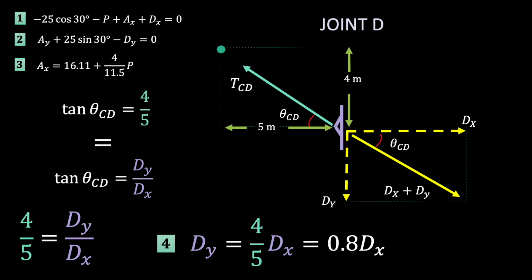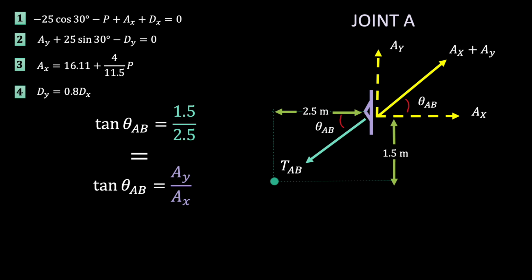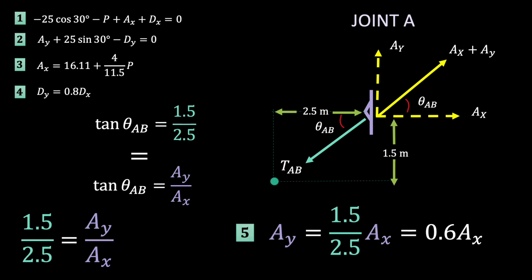Next, we can move on to joint A, where we do the same thing. The tangents of the angles on each side are equal, so we can equate them to get that AY is equal to 0.6 AX.